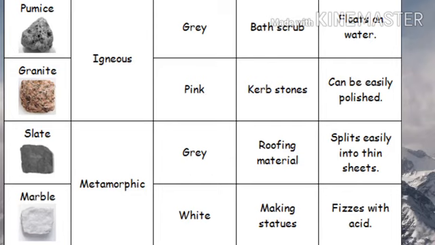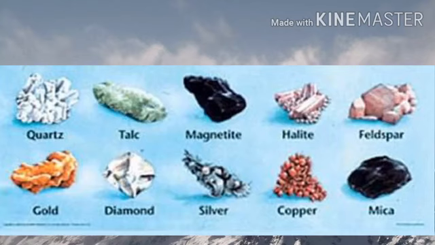Cement, glass, clay, and sand are made from the sedimentary rocks. And the last, precious metals like gold, silver, and copper are found in the metamorphic rocks. Gems are also found in these rocks, which we are using in our daily life.